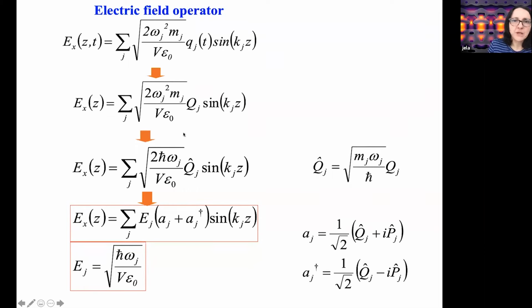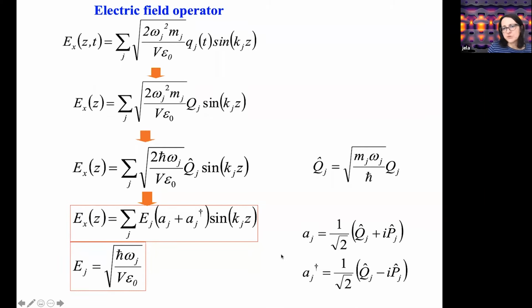And instead of keeping Q operator, which is not particularly useful because it was analogous to position, but it's not really position, we will represent Q in terms of annihilation and creation operators. So you remember that we also introduced Q hat, which was a normalized version of Q, right? So we can do that here in the next step. And then instead of Q hat, we can write Q hat as A dagger plus A, so sum of annihilation and creation operators divided by √2, okay? So that's clear from here.